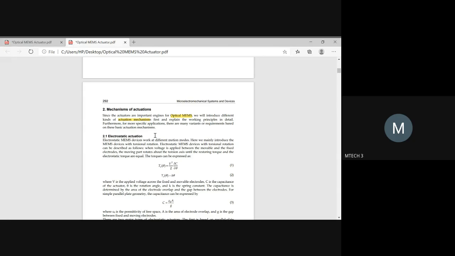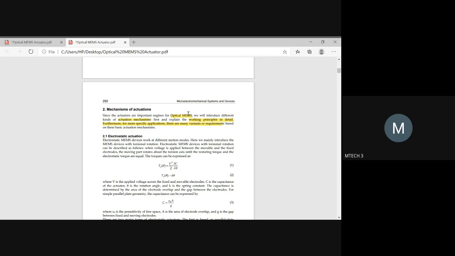Because to make any optical MEMS, understanding the actuation mechanism is very essential. We have plenty of actuation mechanisms, so one should know which actuation mechanism has to be selected. To know that, one should know the working principle. Again, it mainly depends upon the need for optical MEMS.